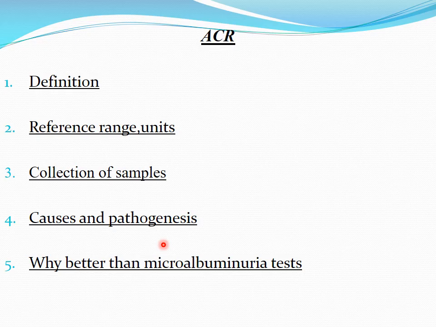Persistent urinary albumin excretion greater than 20 microgram per minute represents a 20-fold greater risk for the development of clinically overt renal disease in patients with type 1 and type 2 diabetes. In a diabetic patient with new onset of diabetes, within 5 years they happen to develop microalbuminuria, that means loss of albumin excretion.